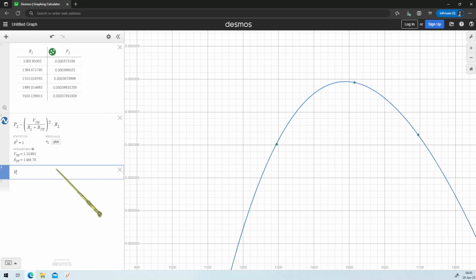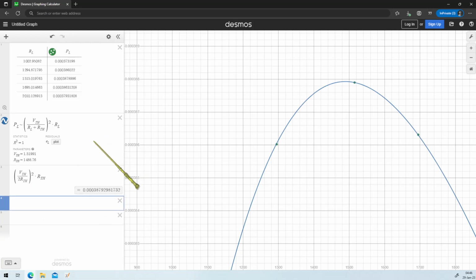Or we can do VTH divided by 2 RTH, squared, times RTH, because we know that the maximum power transfer happens when RL equals RTH. So we can get more digits from this one. Here.